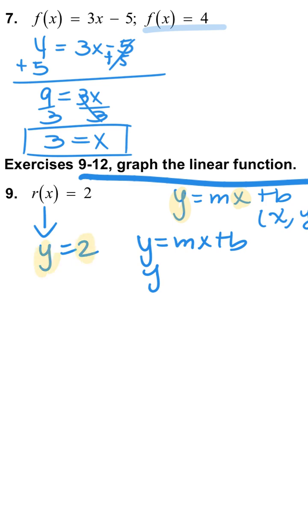We have a 2, which could be our b. Do we have any x? No, so that is going to be 0x plus 2. It's plus 2 because the 2 over here is positive, correct? So what can we say? That our ordered pair is going to be what? x is going to be 0 and y is going to be 2. Did I need to create a table? No.